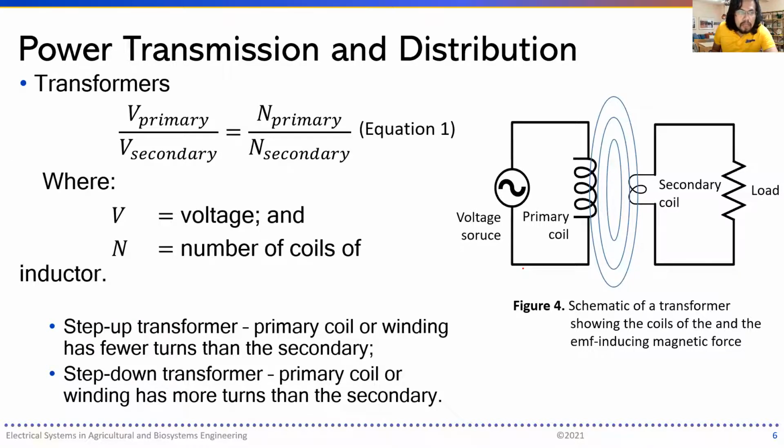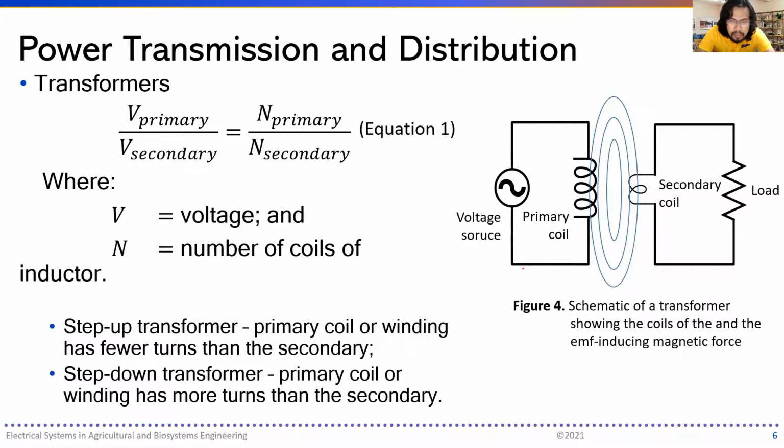Okay, let's take a look at the transformer, the heart and soul of an AC electrical system. This is the working element of stepping up and stepping down of the voltage, and the relationship of the two inductors inside a transformer. This is depicted in figure number 4.